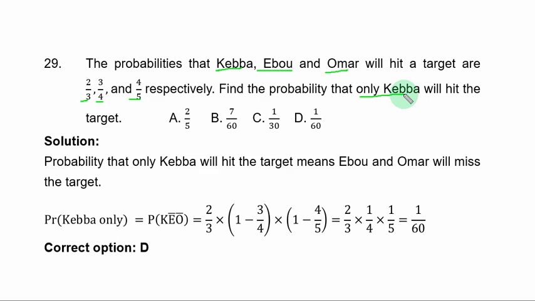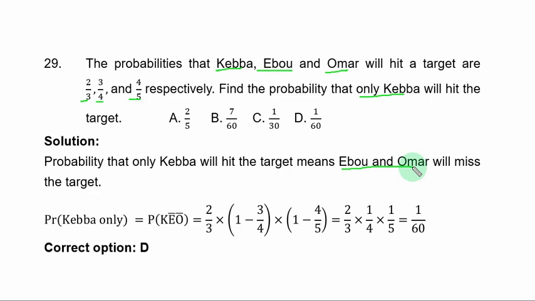What that means is that if Keba hits the target, Ebwe and Oma will miss. But the probability of them missing is not given. But you must know that the probability of hitting the target and of missing it add up to 1.